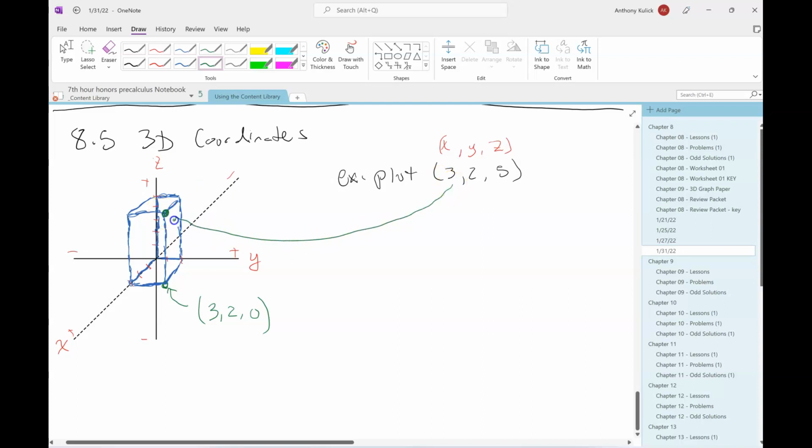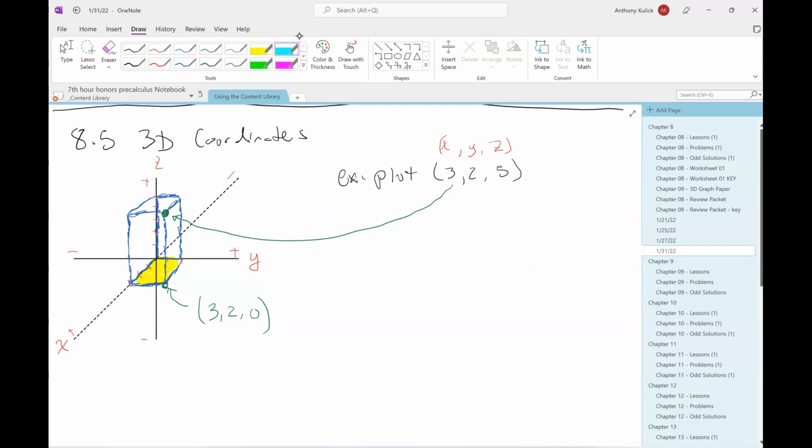This point here is that point 3, 2, 5 now. So if we take a look in 3 dimensions, what is this box really representing? Well, this was our 2-dimensional version of the point, right?